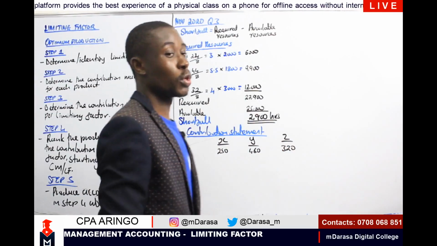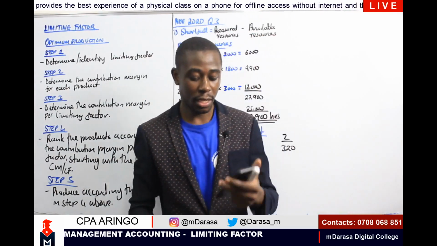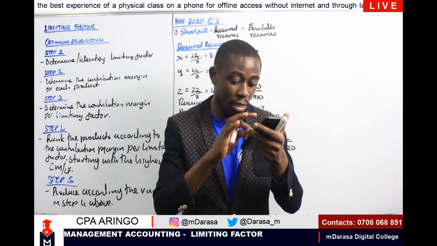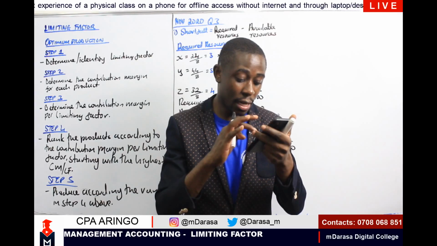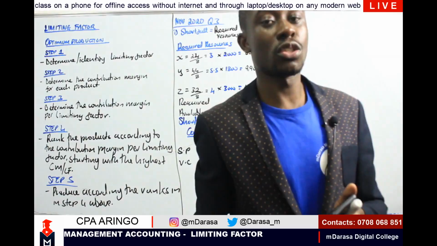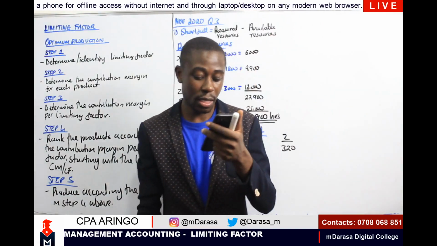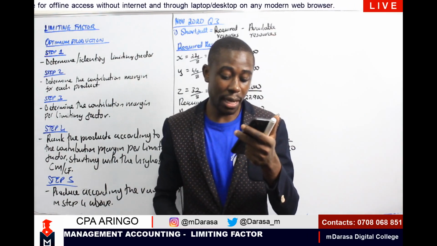For our variable cost, we can take the summation of the 3. Clearly you can see under variable production cost per unit we had raw materials, labor, and overheads.